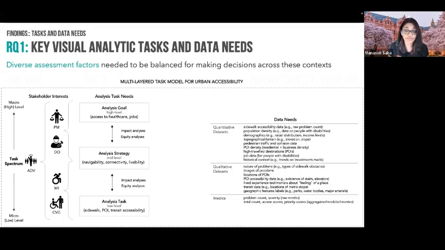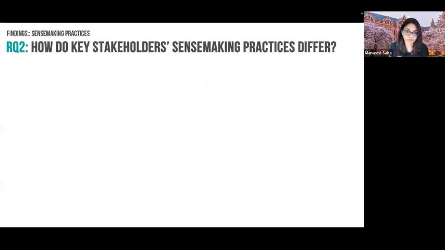To support these tasks across the diverse context, different assessment factors and metrics needed to be prioritized and balanced. For example, from using primary accessibility datasets such as sidewalk and building accessibility to complementary datasets such as demographics, income, population density, and others. To support these diverse needs, maps needed to align with their existing mental models and processes.